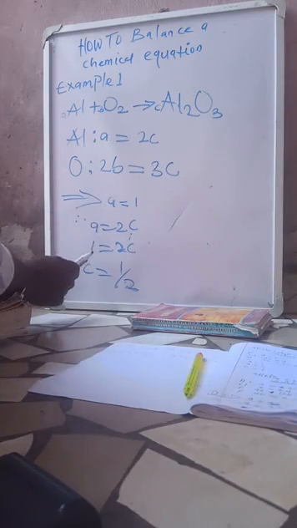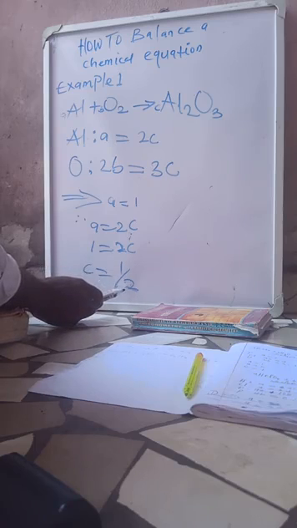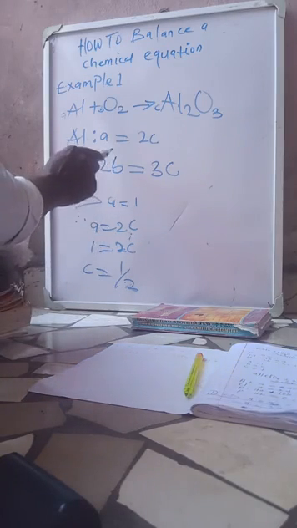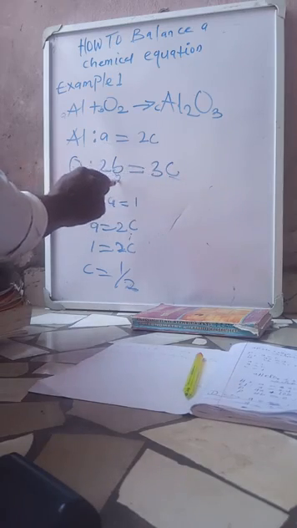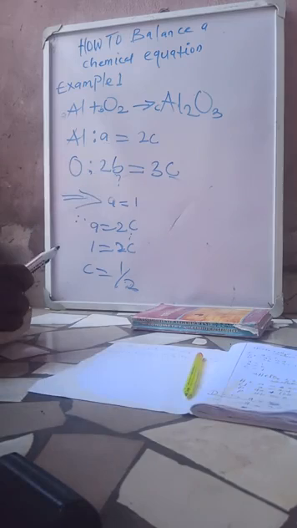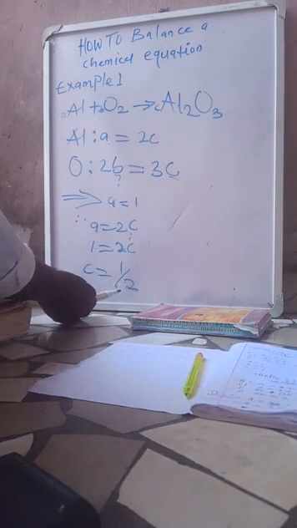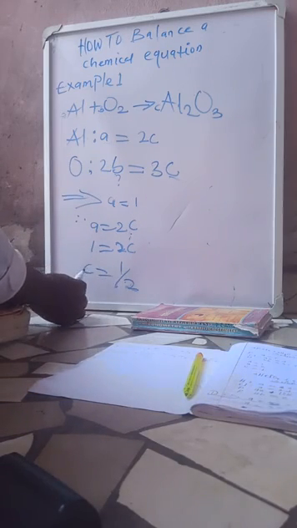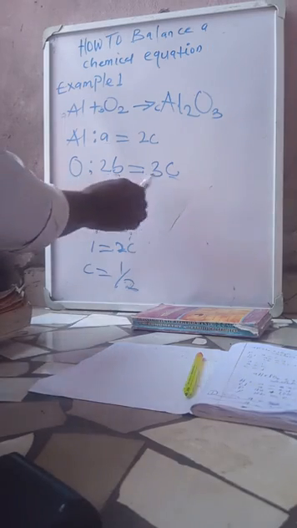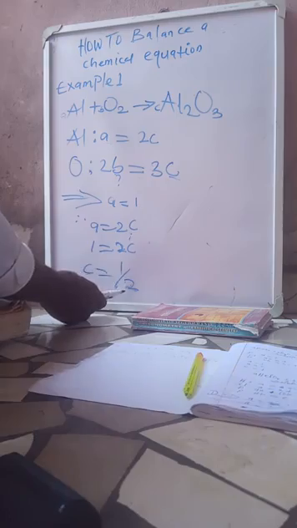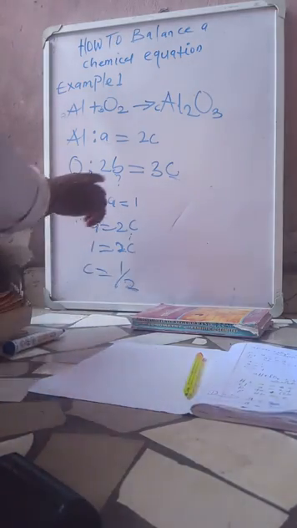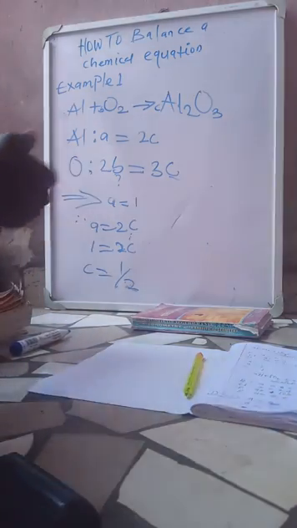Our value for C is 1 over 2. So what is the value for B? Now, we'll have to substitute C. Anywhere we see C in the next equation, we put this value, 1 over 2. So let's look for the value of B and then balance the equation.